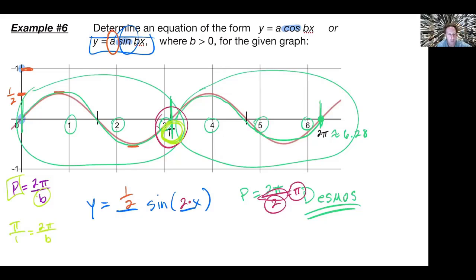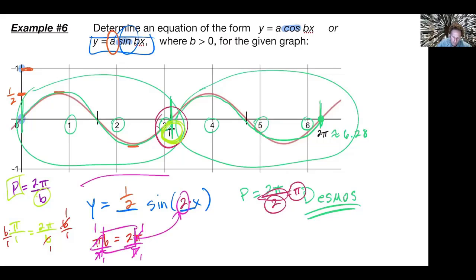So now you could sit here and solve for b by multiplying it over to get it out of the denominator. And then you would have pi b equals 2 pi. And then you could go and divide lastly by pi to get b. Either way, you should have gotten this as your final answer, y equals 1/2 sine of 2x.